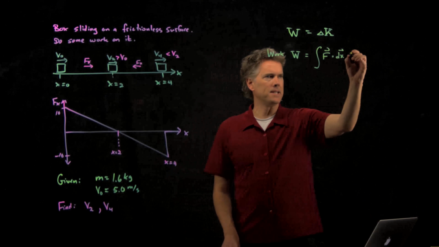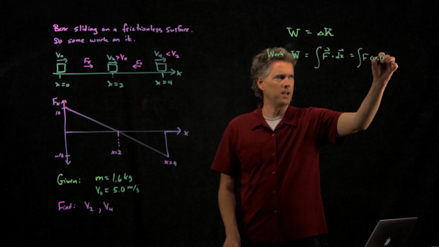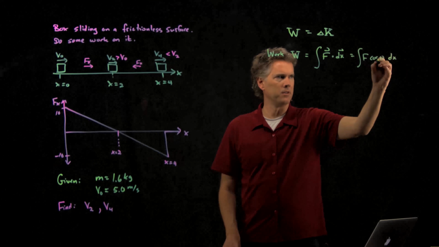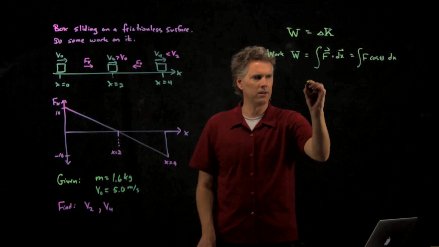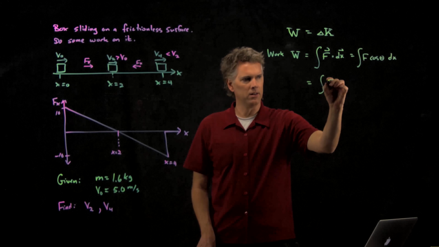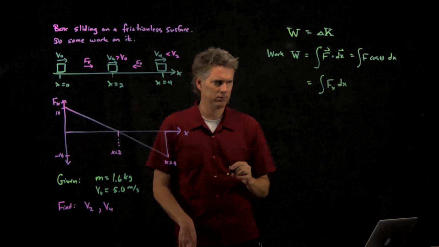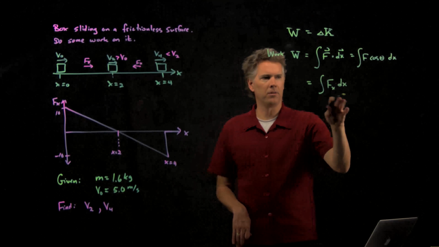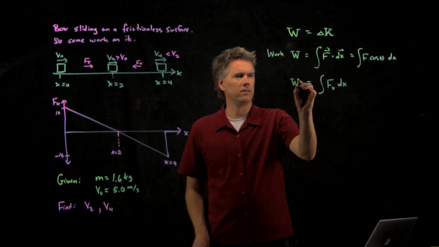But we know what F dot dx is. That is F cosine theta times dx. But F cosine theta is the x component of the force. And so all this simplifies to that. That's the work.